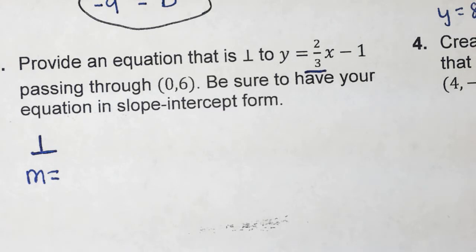Okay, we're going to come back to your coat. What's my new slope? It's going to be negative 3 over 2.